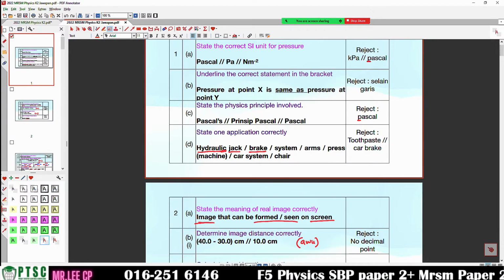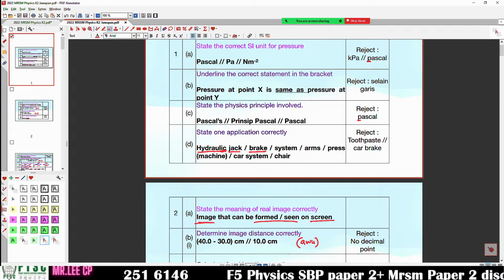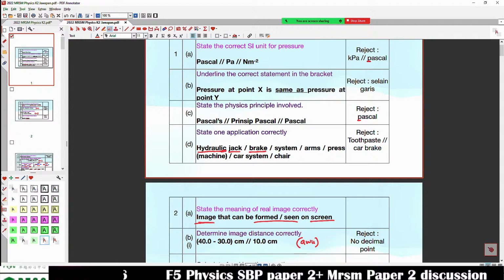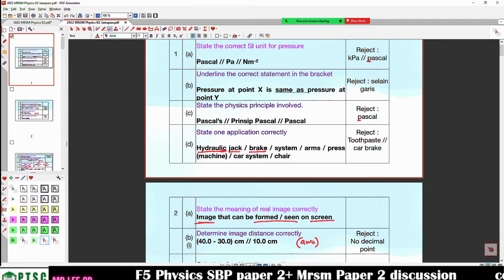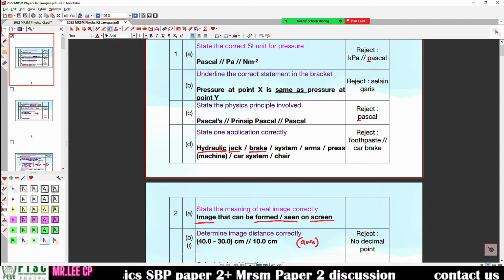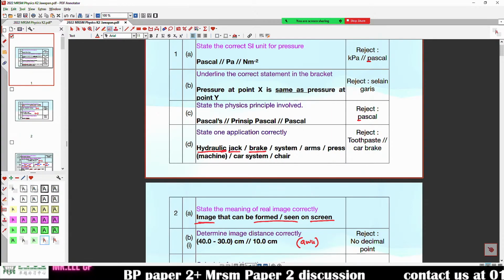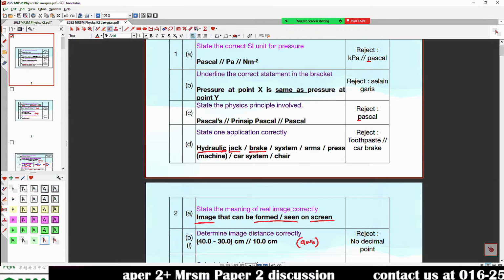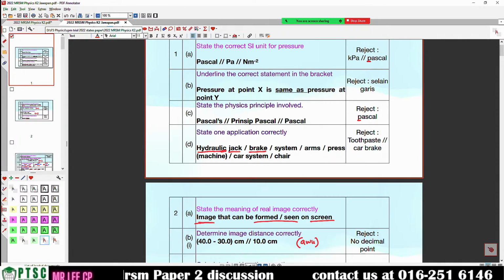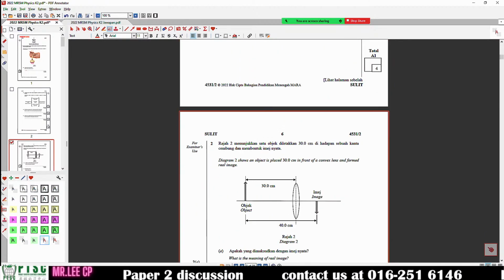But you press car brake, wrong. To press, wrong. The application in daily life. So hydraulic, you always write hydraulic jet or hydraulic pump. Here hydraulic pump should be okay. Hydraulic brake, hydraulic pump. Car brake cannot. Car brake got many types.